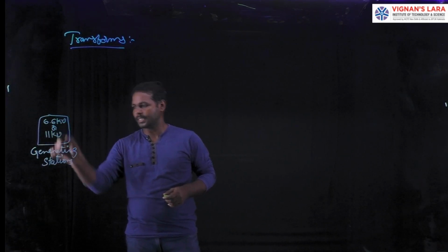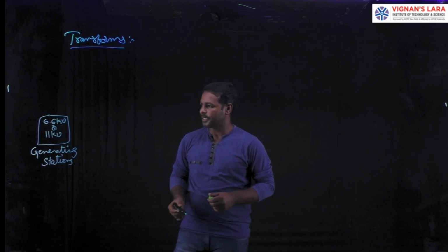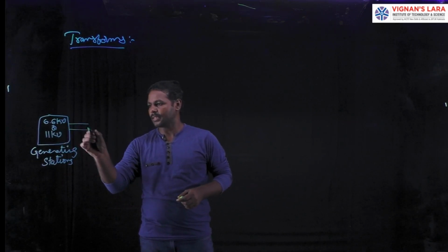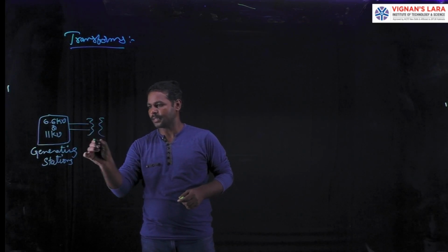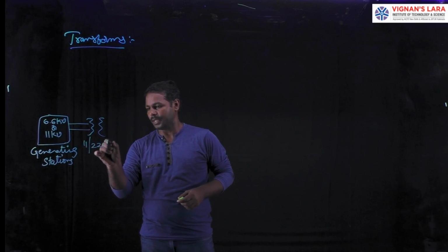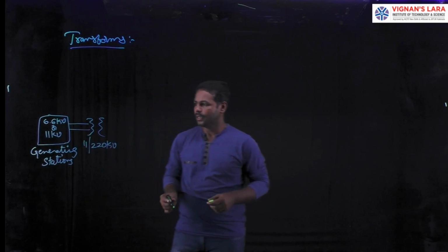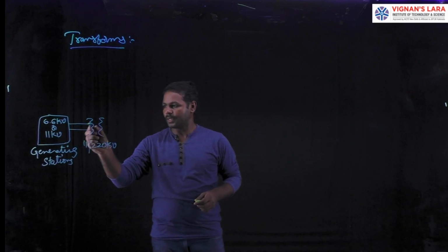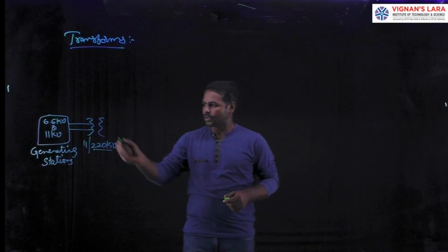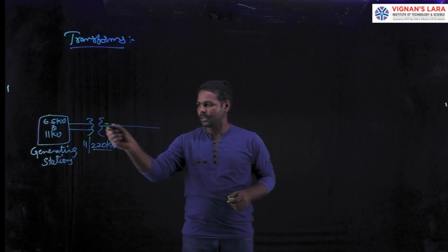This is to be directly stepped up to high voltage by a transformer, 11 kV by 220 kV. So generating stations always step up to high voltage, which is 220 kV, to be transmitted directly through the transmission lines.